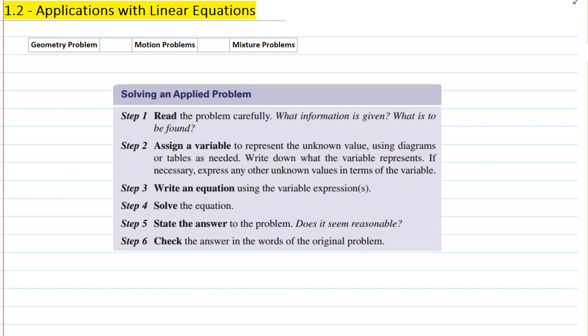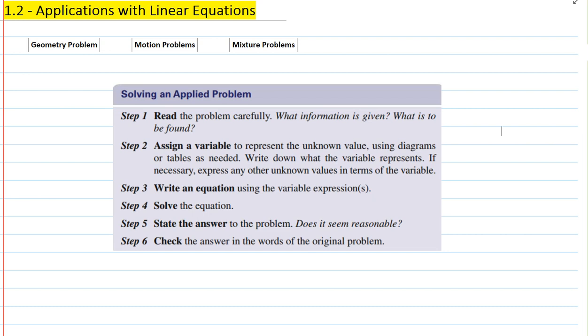The geometry of the problem is the key step here. Once we write down the variable, we can move on to the next step. After we declared it, in step 3 we have that key step again. Every step is really important here, but step 3 is very instrumental in writing an equation using the variable expressions.